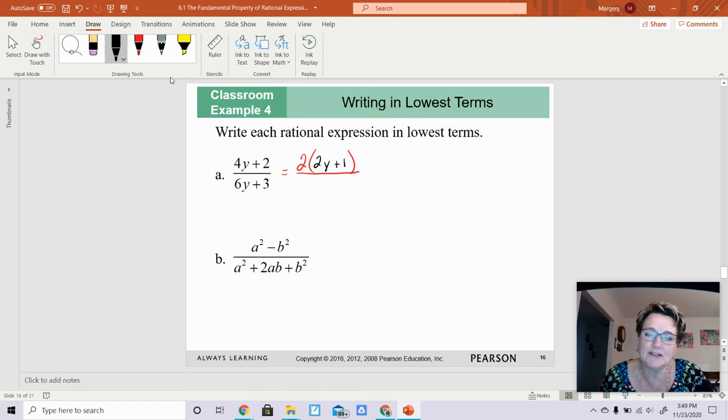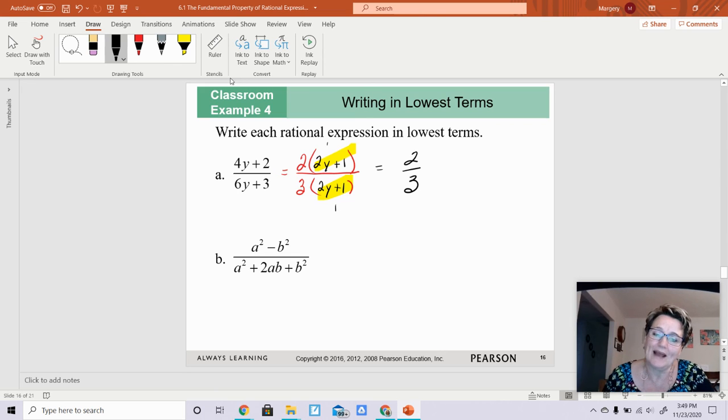If you don't believe that, 2 times 2y is 4y, 2 times 1 is 2. Now I notice these ones here share a 3. And once again, 3 times 2y is 6y, 3 times 1 is 3. So I can check my answers by just distributing. Now, this cancels out with this, and you get 1. So my answer is going to be 2/3.